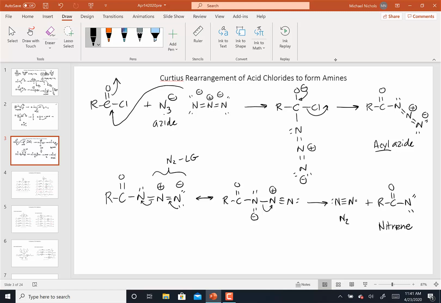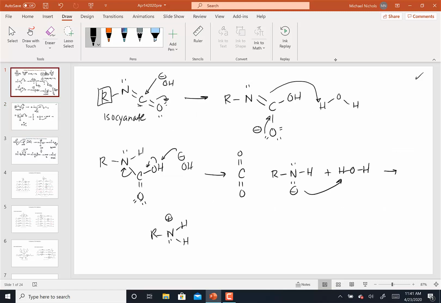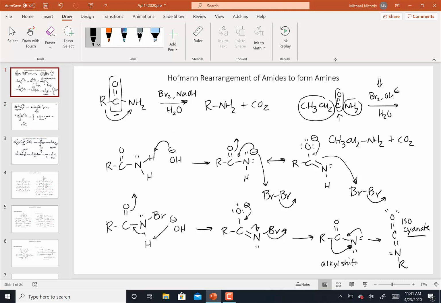And just to go back and review that, when we did the Hofmann rearrangement, we ended up forming this nitrene, which I did not write, I should have. We ended up writing that nitrene, which I should spell correctly.